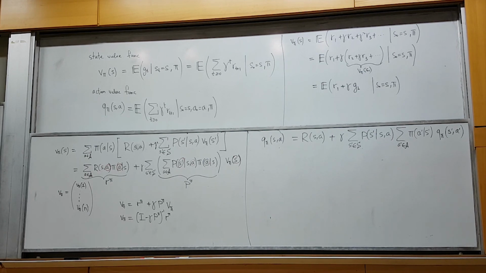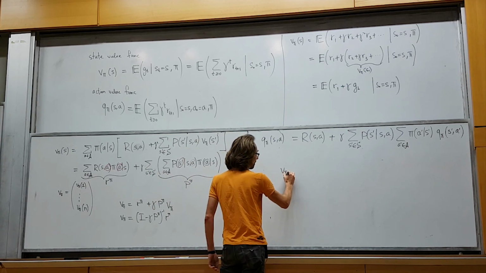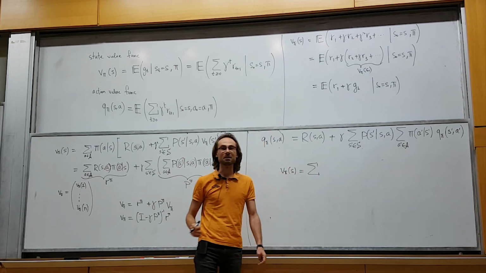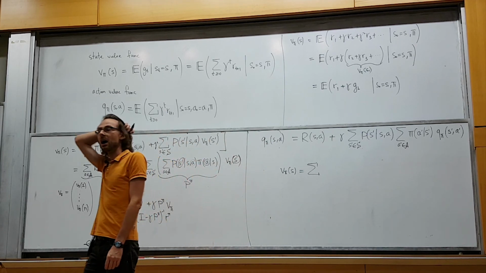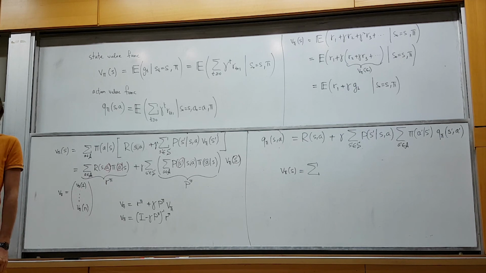And of course, the relation between the two functions is straightforward to obtain. We are fixing the policy pi. What is the value function of a state S, and how can it be expressed in terms of the action value function?